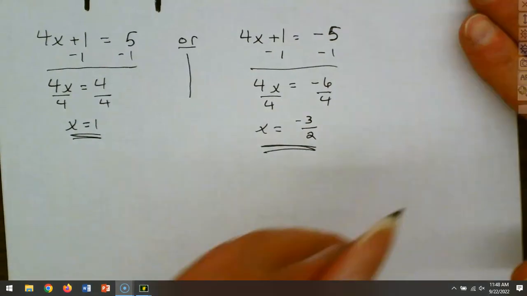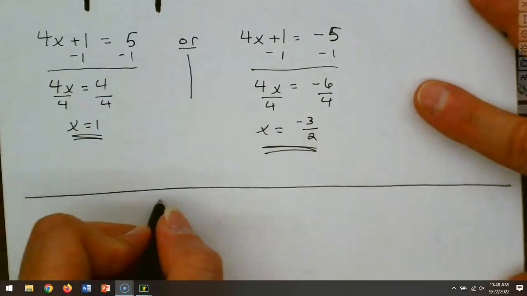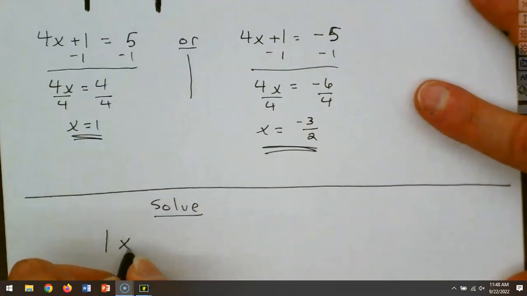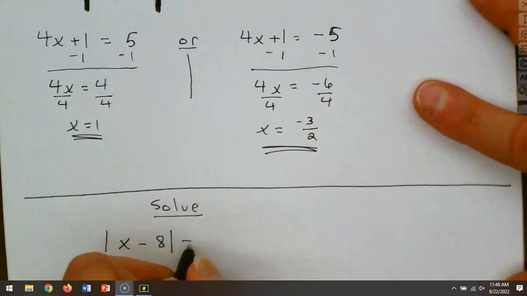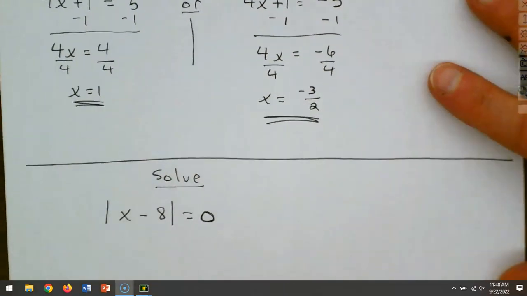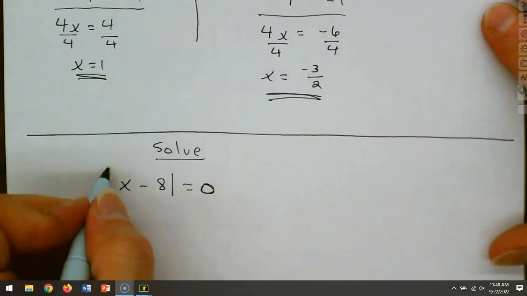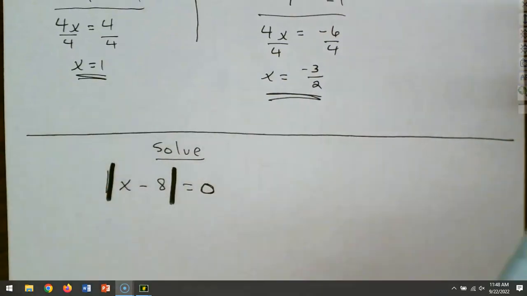What about 0? Absolute value of x minus 8 equals 0. Well, 0 doesn't have a sign at all, does it?